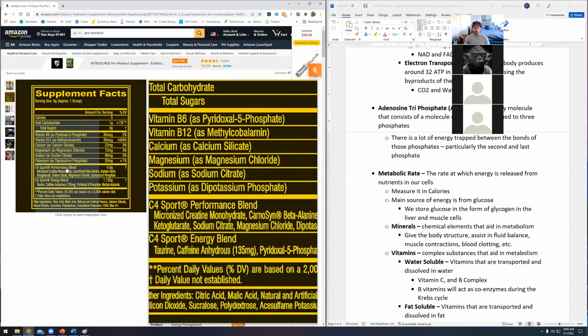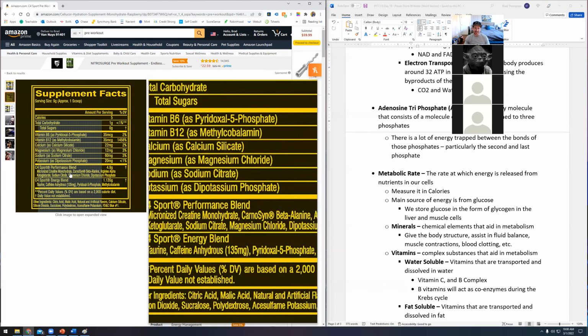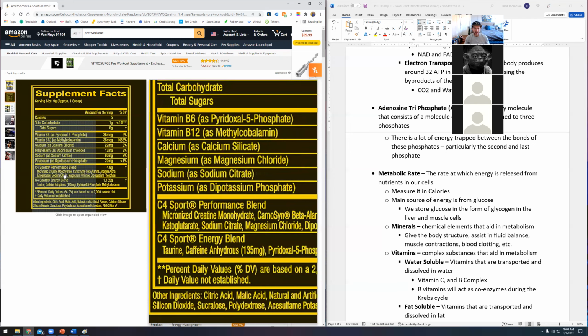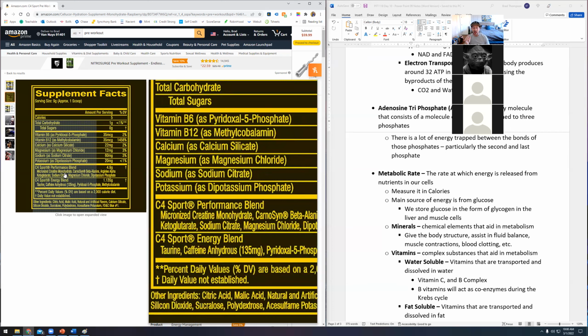Cool. Then you look at the performance blend here, and it's got creatine monohydrate, beta alanine, arginine, and things like that. That is going to be a couple of your branched-chain amino acids, so those are your BCAAs plus creatine. And creatine does help with energy production.